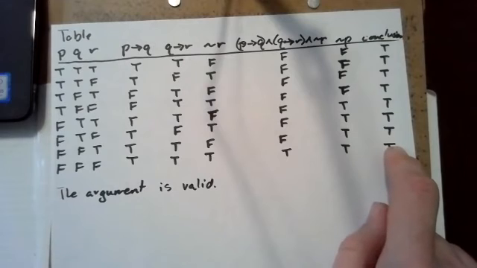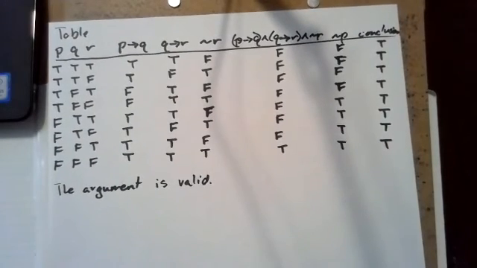This is slightly different from the problem in the book, but it's close enough that I think it gets the point across. What we're doing here is we're combining a couple of different arguments into one argument that is true.